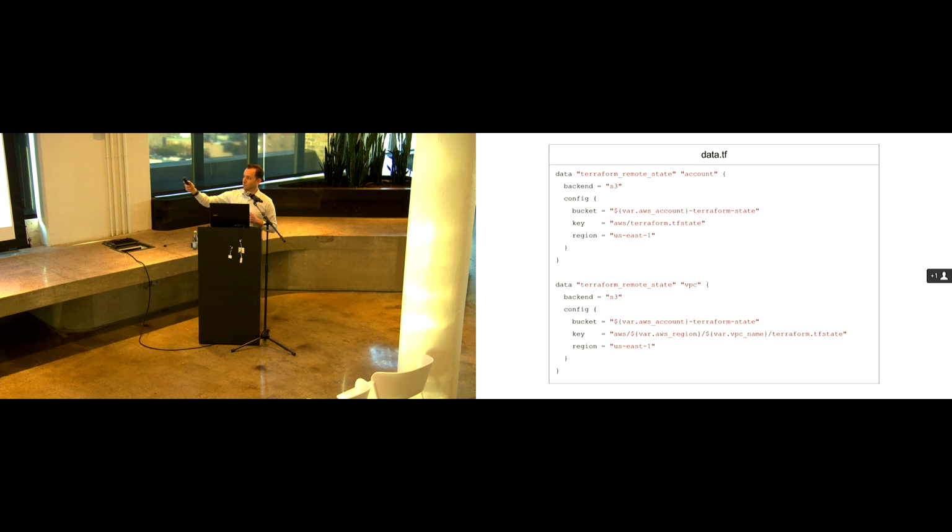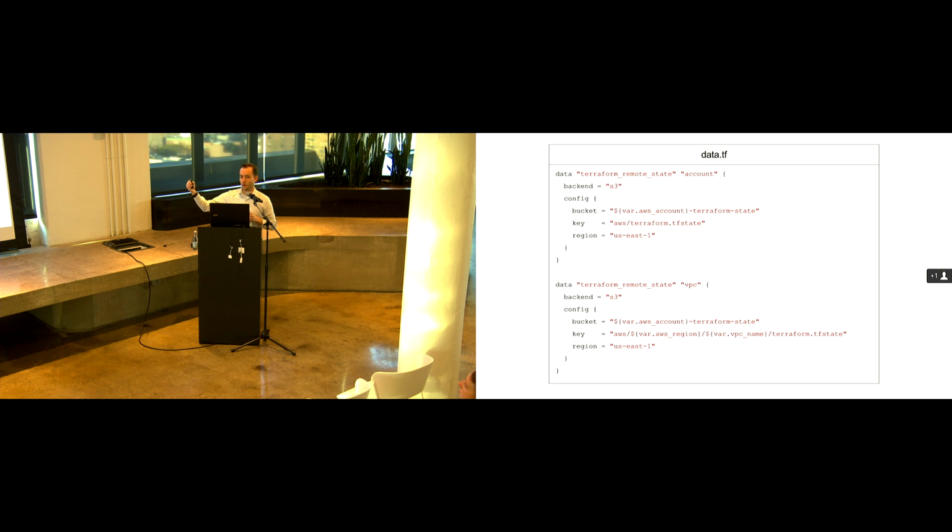We can pull any type of information from the VPC state file through this type of dynamic construction. Hopefully something's clicking, maybe I see one or two. You take your folder structure apart, you pass it into your module, and in turn, it allows you to access any of the resources that you need.